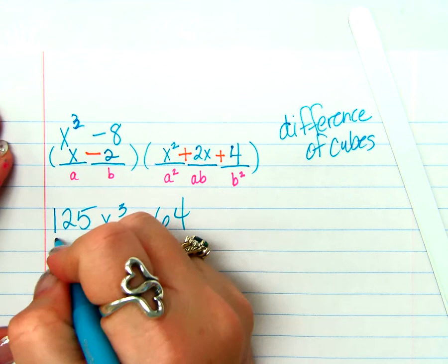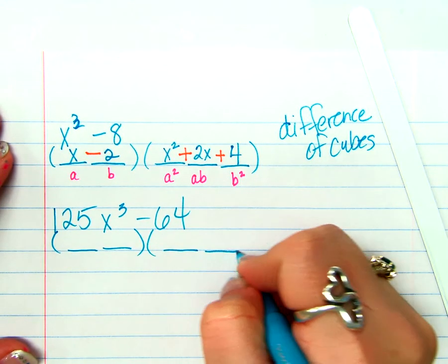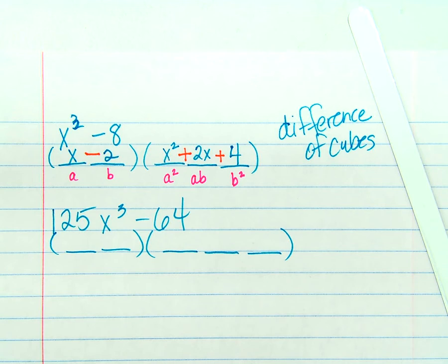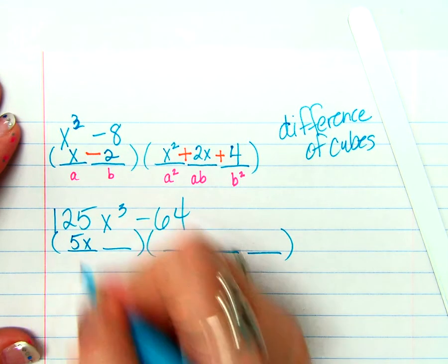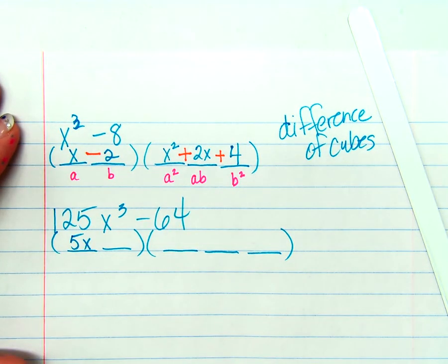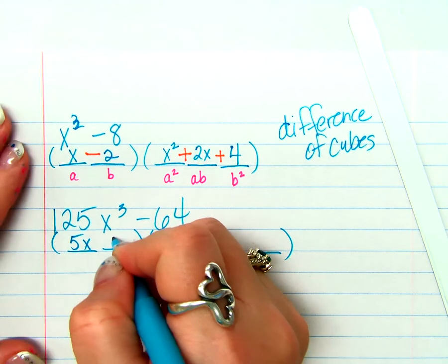So that means I'm going to have a binomial and a trinomial. What goes in the first space of the binomial? 5x. Very good. Everybody see where that came from? Okay, what goes in the second term of the binomial? 4. Good.